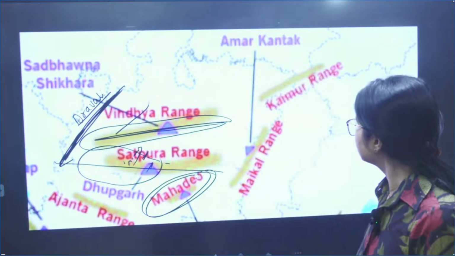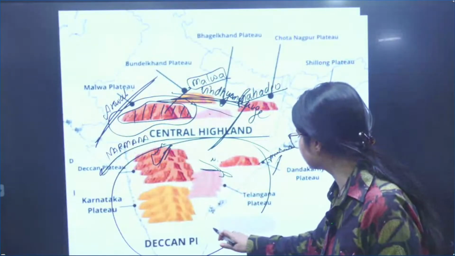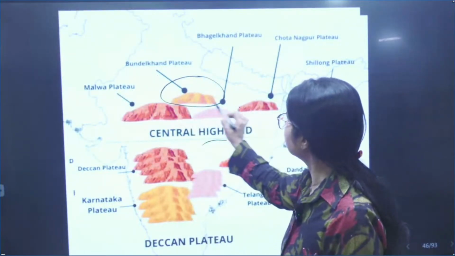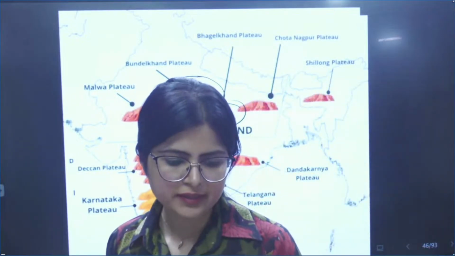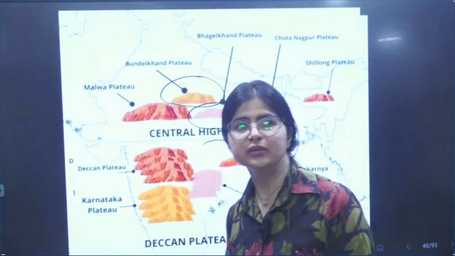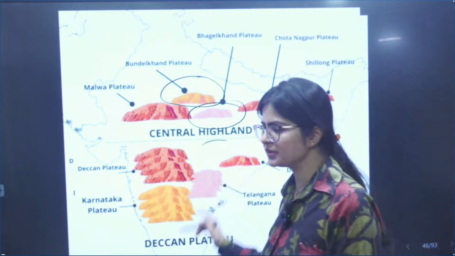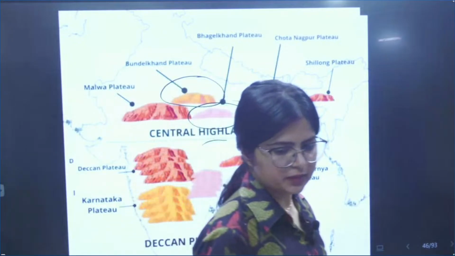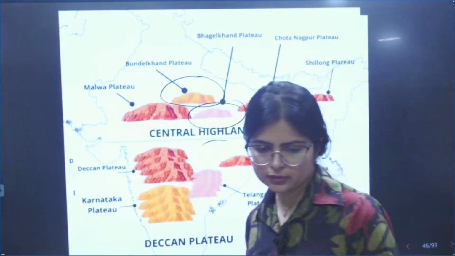Next point. The eastward extension is locally known as Bundelkhand or Baghelkhand. You can see the spelling from the board. Full stop.